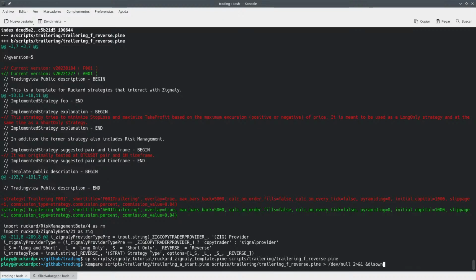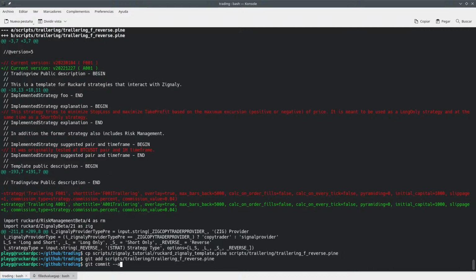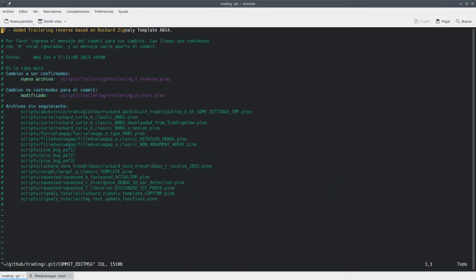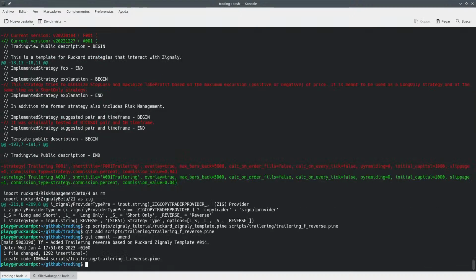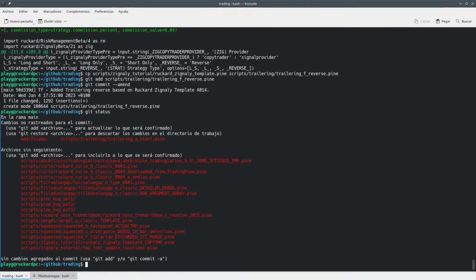Oh, maybe I have not added this so that the commit has the right value. Okay, so now we should not have. Yeah, we have this A version which I'm going to restore to the original value.